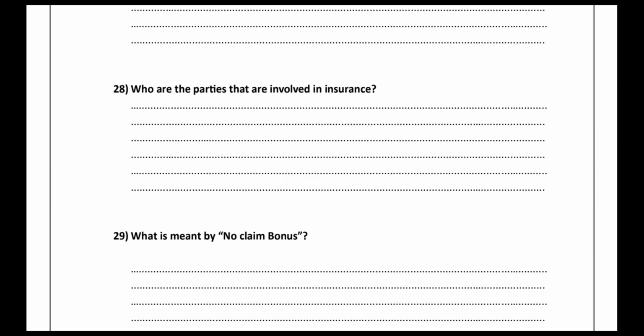Yes, he is also involved in the insurance. Not the wall actually; he is the owner of the wall. The third party is not the wall, it is the owner of the wall. Likewise, if he had damaged another car, his car is not the third party; the owner of the other car is the third party.